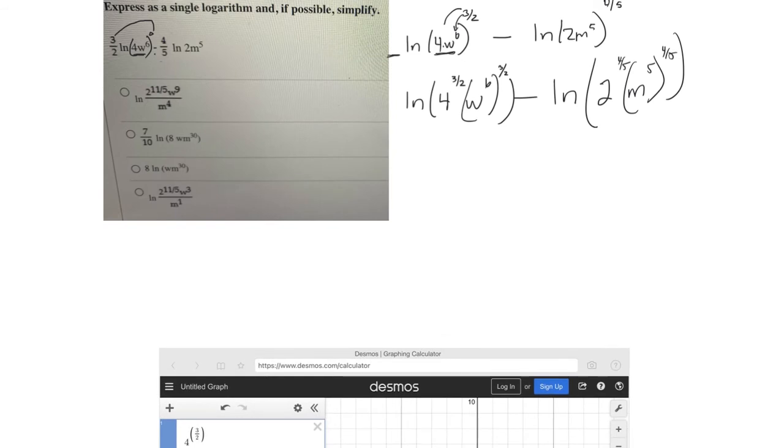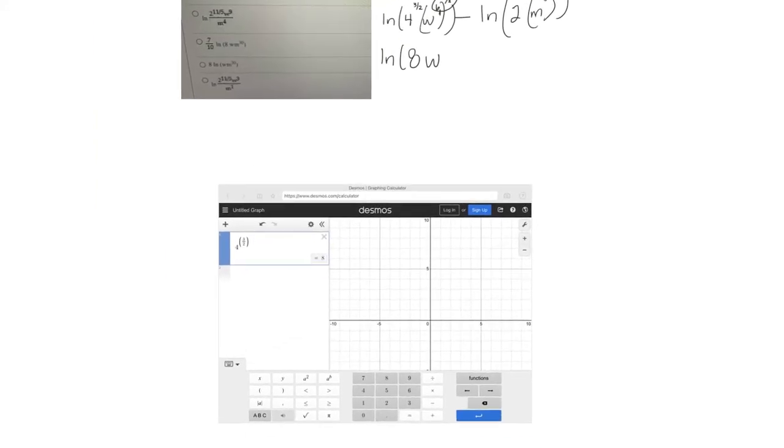So this then will be ln of 8w, and now this 6 times 3/2, I could do that on decimals too. 6 times 3 divide 2 comes out to 9. So this will be w to the 9. Minus ln.